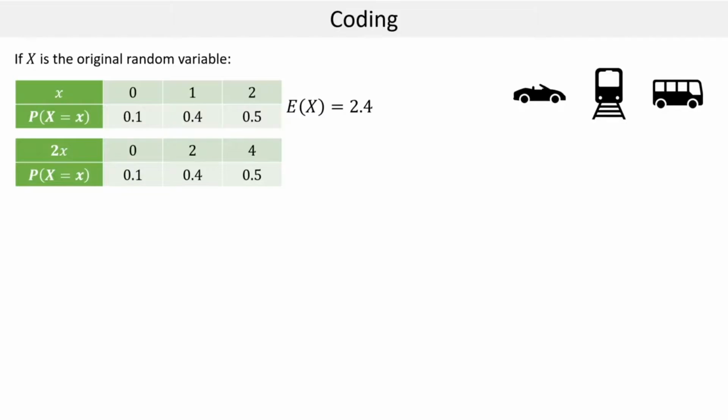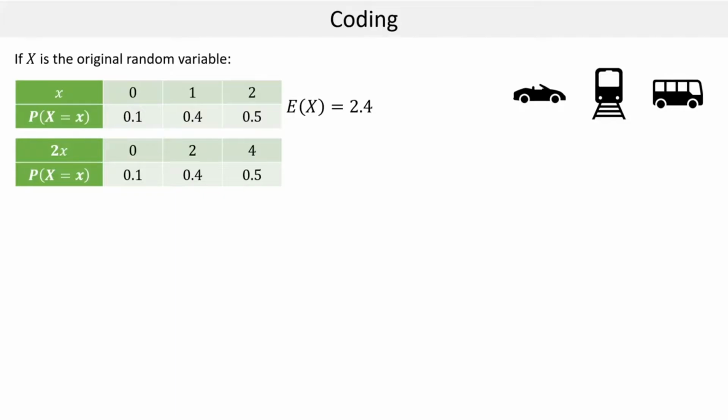Well, how can we find the expectation in this situation? We can do what we've done previously, where we just process it again. We multiply the top row with the bottom row. We multiply the outcome with the associated probability, and then we sum all of those together.